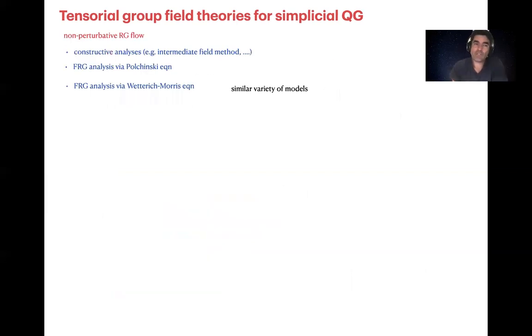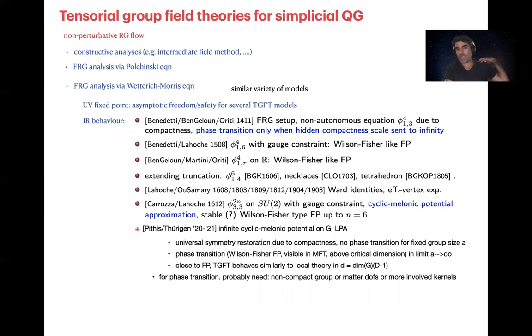At the non-perturbative level, there has been a parallel flow of analysis and results, constructive as well as in the context of functional renormalization group equations, à la Polchinski, and even more in terms of the Wetterich-Morris equation. Again, a large number of models have been studied, and concerning UV fixed points, one finds again asymptotic freedom or asymptotic safety for several such models.